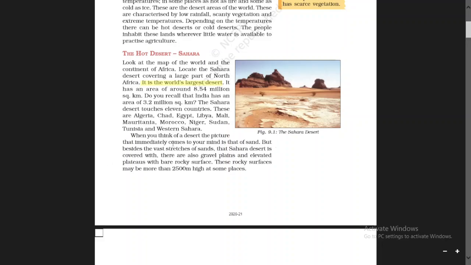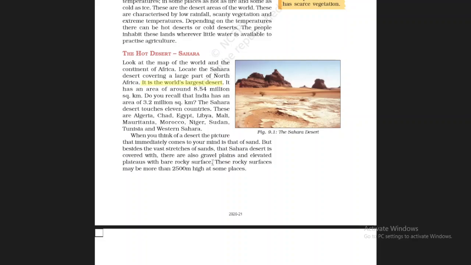But besides the vast stretches of sand that the Sahara Desert is covered with, there are also gravel plains and elevated plateaus with bare rocky surface. You know that plain, plateau.